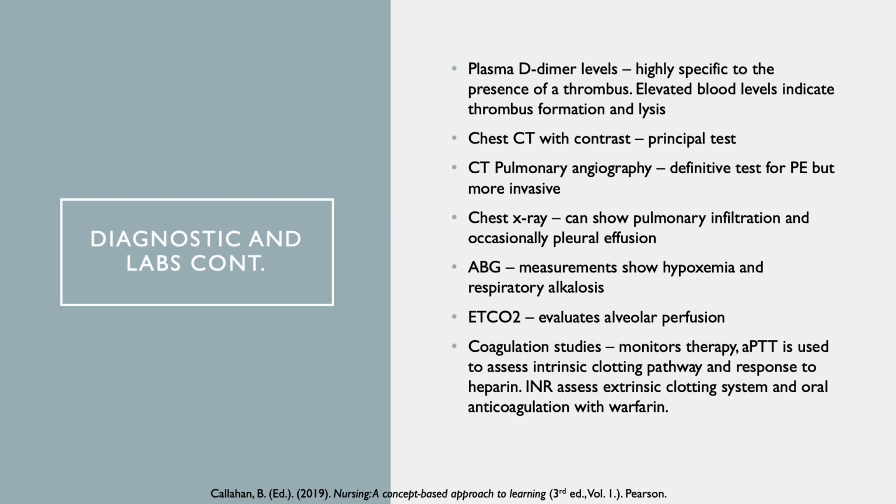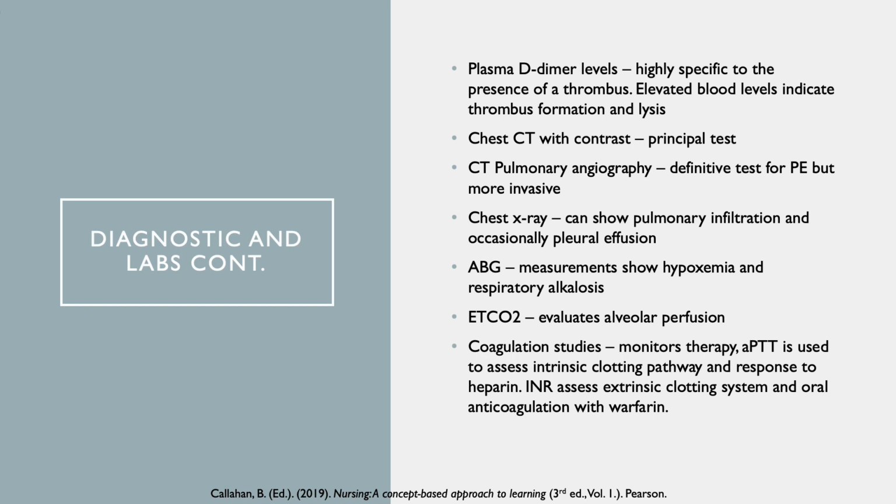If the testing criteria is met, then some of the diagnostics and labs to test for a pulmonary embolism include a plasma D-dimer level. This one's very specific to the presence of a thrombus in the body. Elevated blood levels indicate thrombus formation.